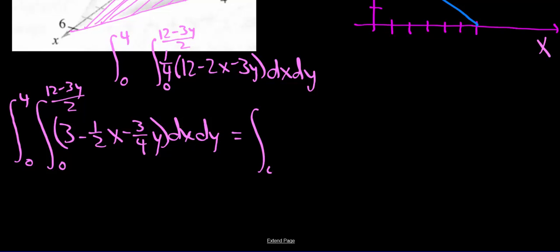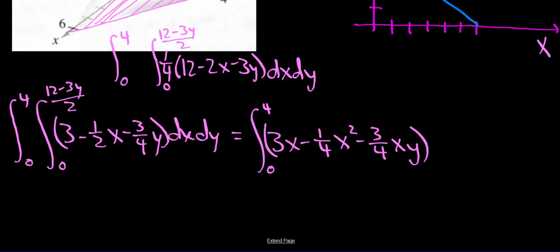Okay, now here I go. I'm rewriting this integral, and I've got 3x minus 1/4 x squared minus 3/4 xy, and I'm going from 0 to 6 minus 3/2 y.